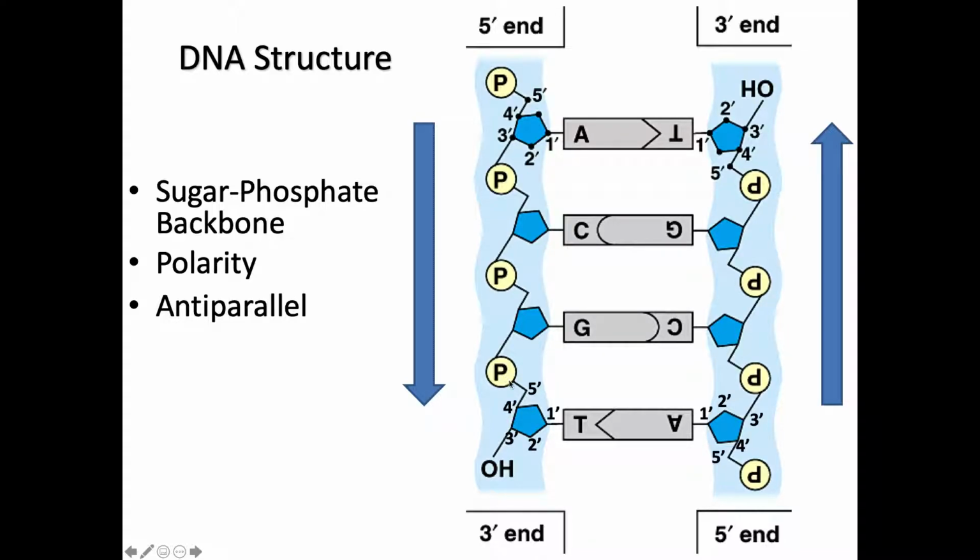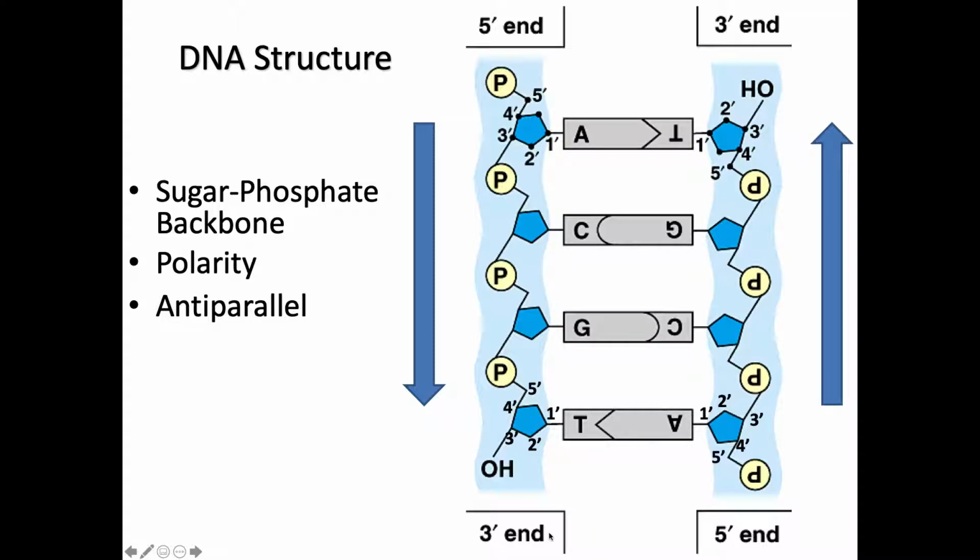The phosphate at its 5' end will be attached to the hydroxyl group at the 3' end. So carbon 1, carbon 2, carbon 3, which will have a hydroxyl group attached to that phosphate. So that's how these nucleotides are attached to each other. So that's one strand going from 5' to 3'.